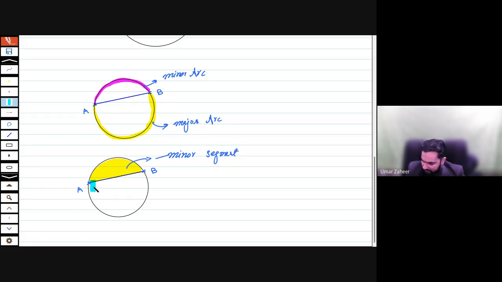In the same way, the bigger one is the major segment.